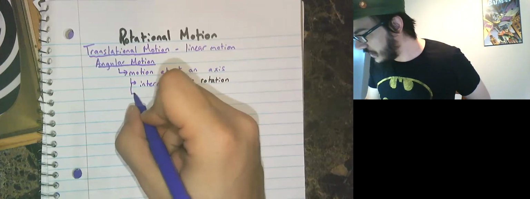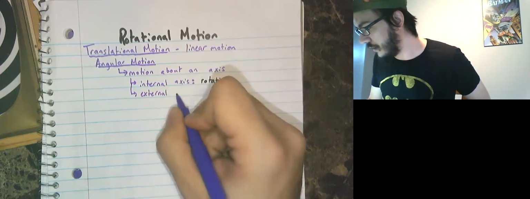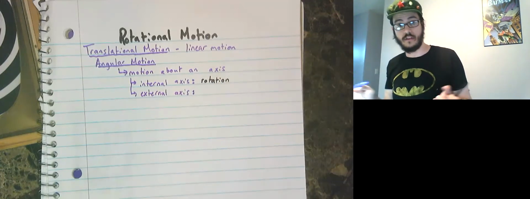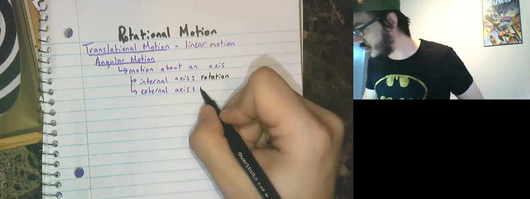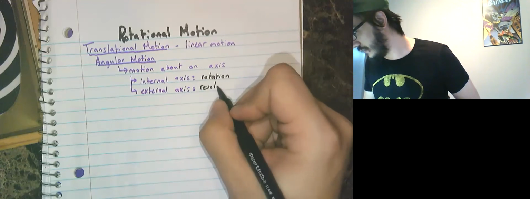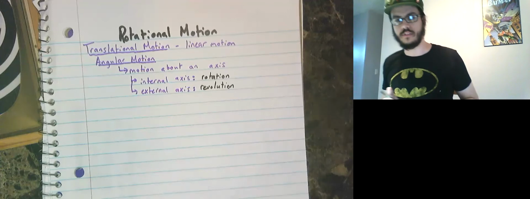If the motion is about an external axis, that is to say the center point around which it turns is outside of itself, then we would call that revolution. To rotate is rotation, to revolve is revolution.